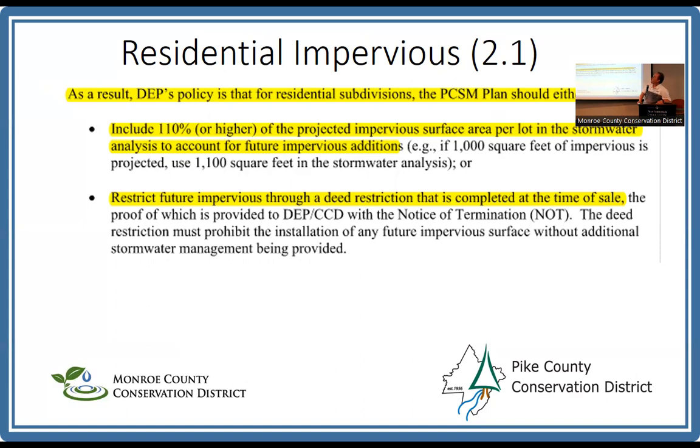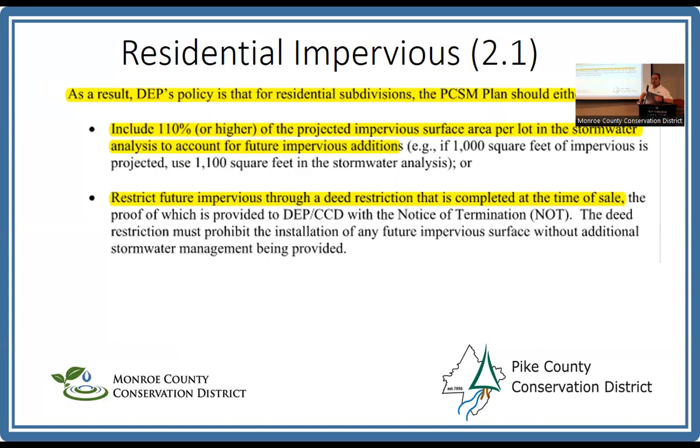So residential subdivisions, always, how much impervious should I figure for residential? That's always kind of the question. So they're saying include 110% of the projected impervious surface per lot to account for future impervious conditions. So basically add whatever they say they're going to build and add 10%.